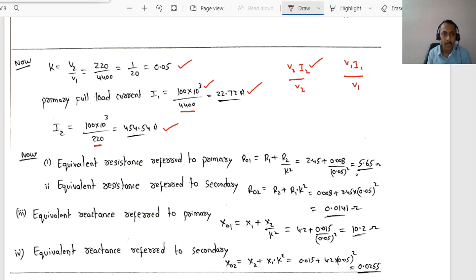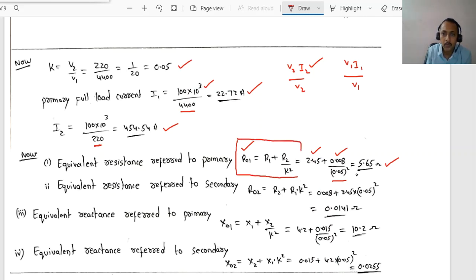So now we got the currents. The first question, equivalent resistance referred to primary. We know the notation, R01 equal to R1 plus R2 by K square. You already know R1 2.45 plus R2 0.008 divided by K square, 0.05 whole square. Its value is 5.65. In this entire discussion, the key point is, if you don't know this formula, we cannot go further.